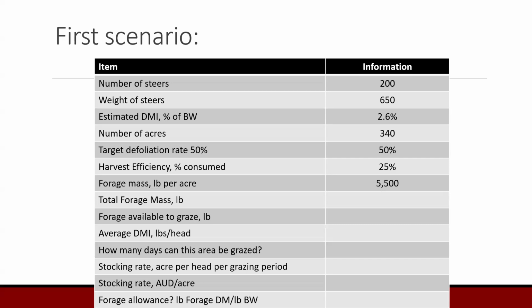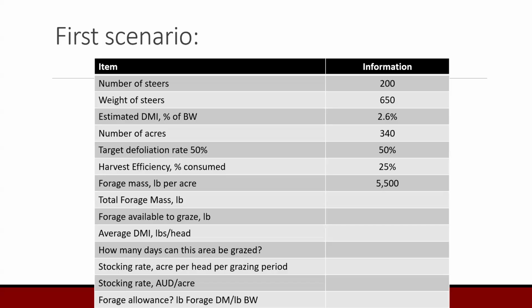Our forage allowance. Now, forage allowance is calculated as total above ground forage mass, not actual consumed forage. I walked you through that last year. So it's 5,500 times 340 divided by 650 times 200.